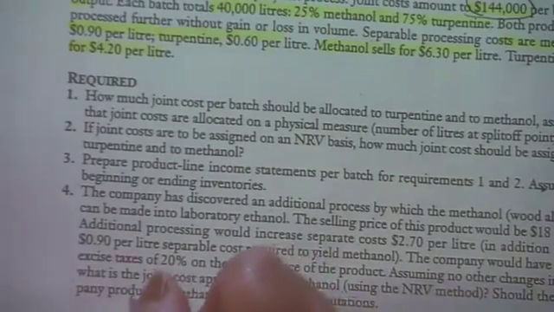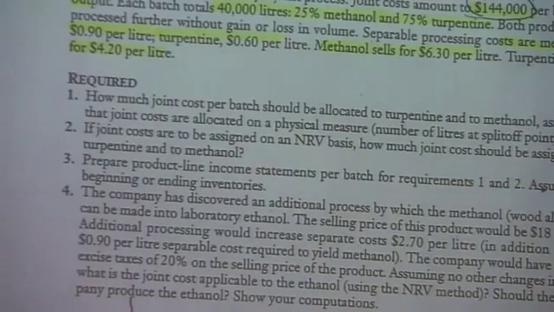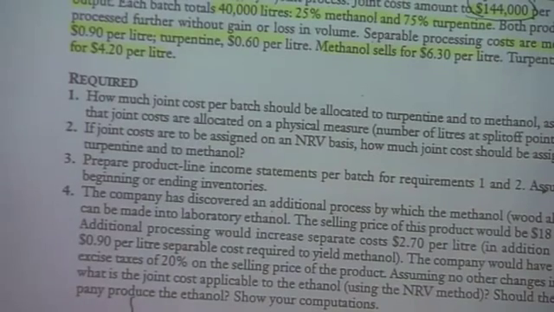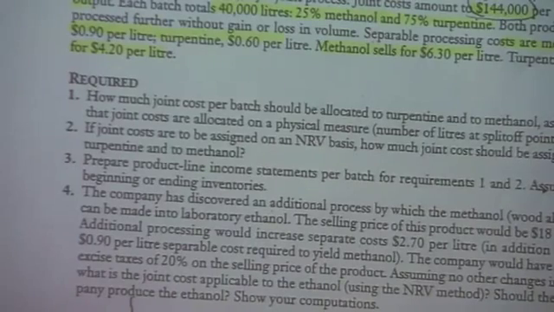Now, we're going to split that between 25% and 75%. And this one is methanol, right? So let's just label it as M and turpentine as T. Now, how many liters? We've got 40,000 liters.